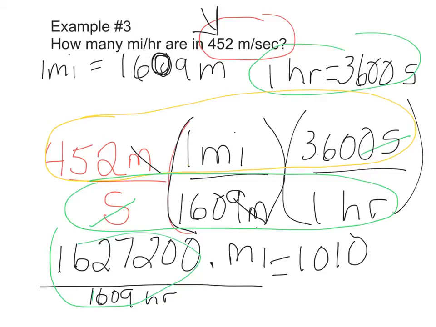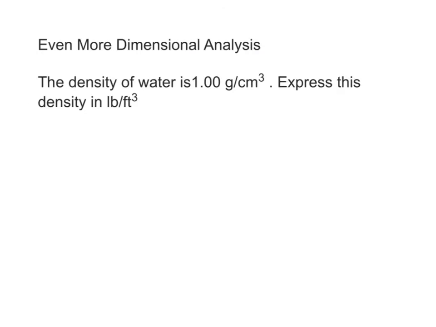And our units, they're going to be just coming right along for the ride. We've got miles on the top, hours on the bottom, as you can see. And there we are. Somebody who is going 452 meters per second is traveling 1,010 miles per hour. So I wonder if they can continue going. Go a little bit longer.